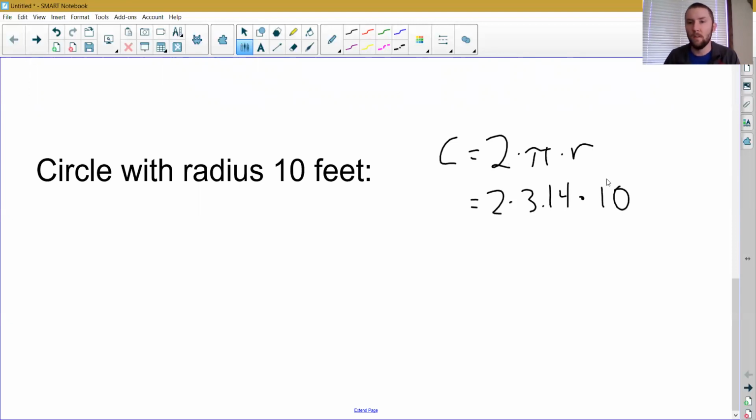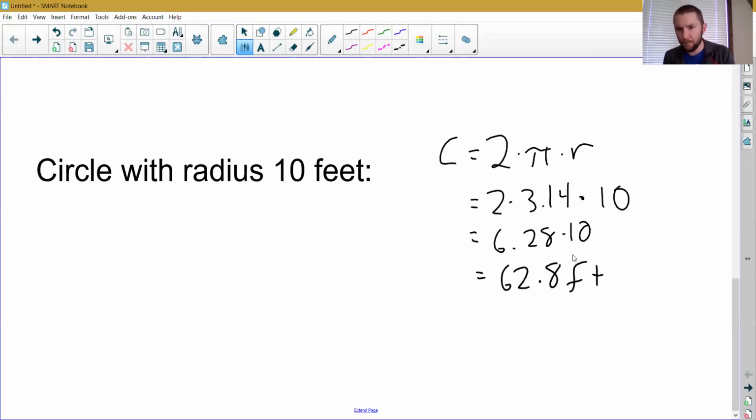So this is really 6.28 times 10. So about 62.8, and that's feet, right? Because my radius units are feet, so my circumference units are also feet. So remember that we have this formula that can use radius to find circumference.